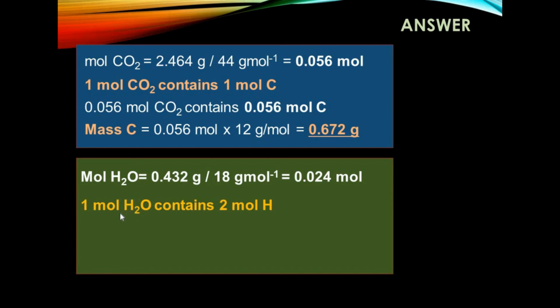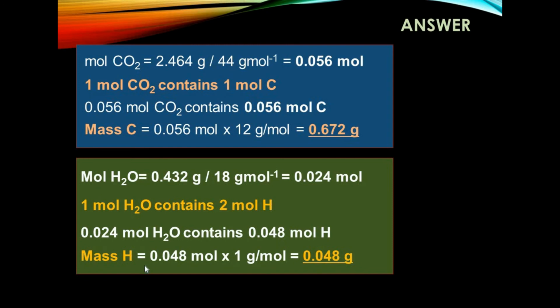The mole of H2O calculated, 0.024, times 2, we get 0.048 mole of hydrogen. Next we find the mass of hydrogen: 0.048 mole times 1 gram per mole, we get 0.048 gram of hydrogen.